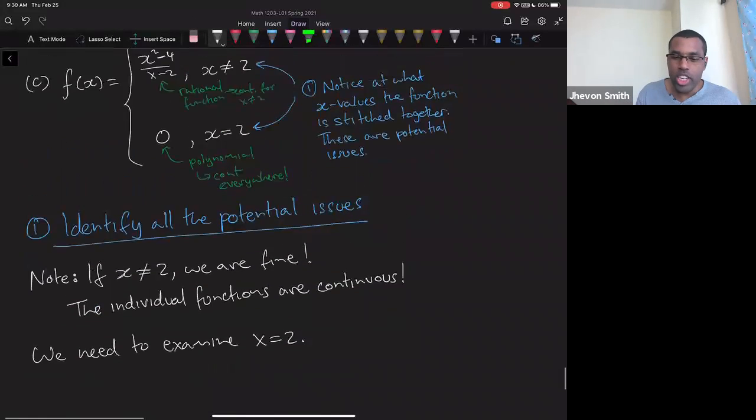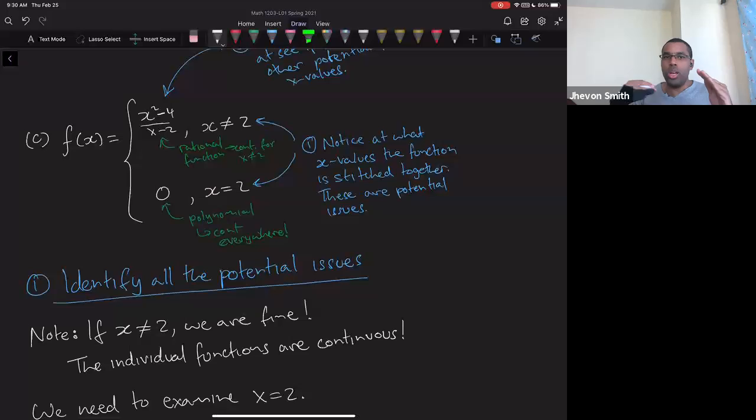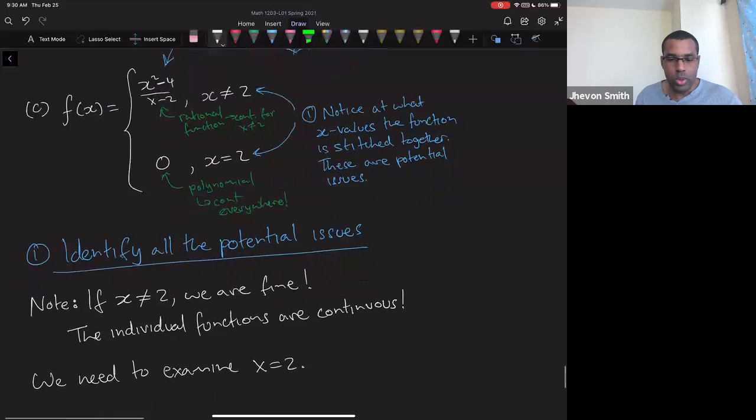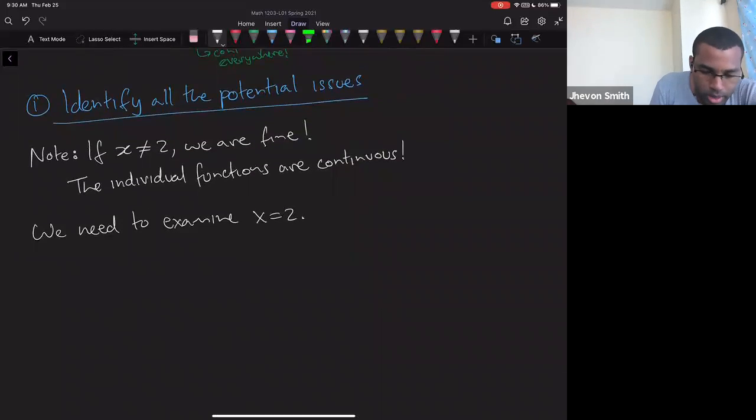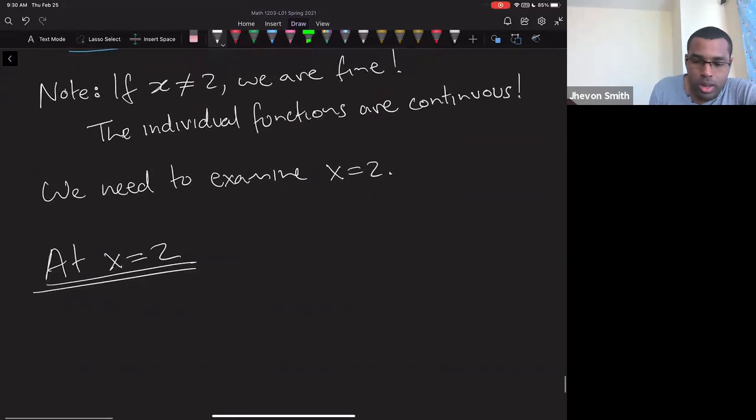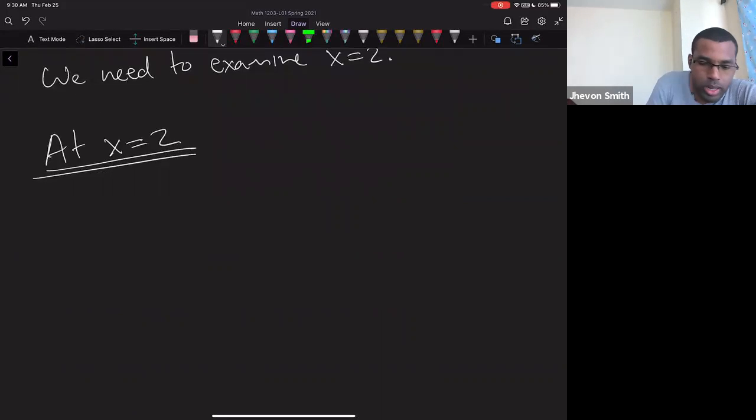So really the only issue here is x equals 2. I don't know if they actually connect around x equals 2 based on how the functions stitch together. So that's what you're going to focus on at x equals 2. So now you want to know what's going on there. So 1, you can say, is f defined?